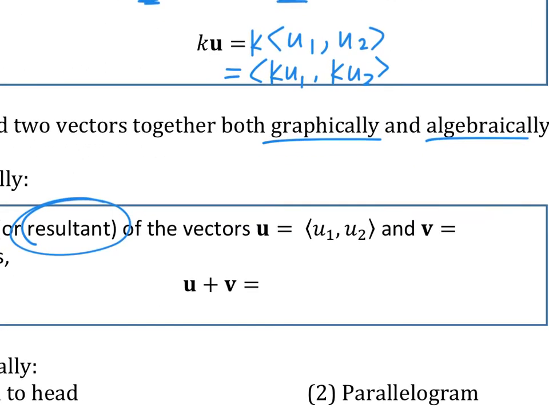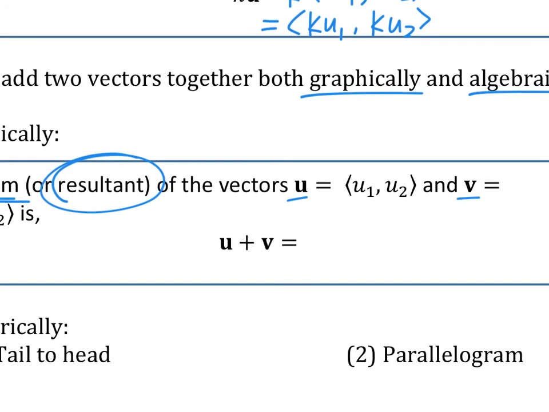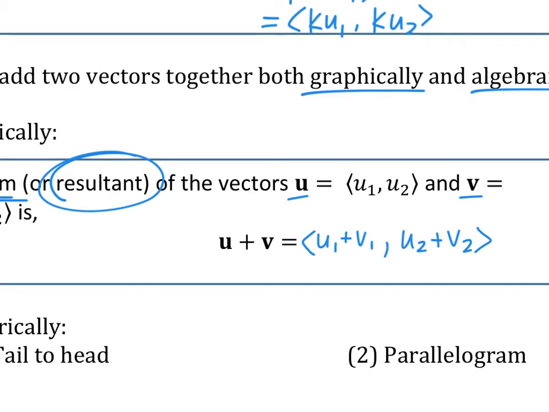Let's say that the vectors are u and v, and they have these components. What you're going to do is just add the x parts together and then the y parts together. And that's it. So adding vectors is very easy. Just add the x parts and then add the y parts.